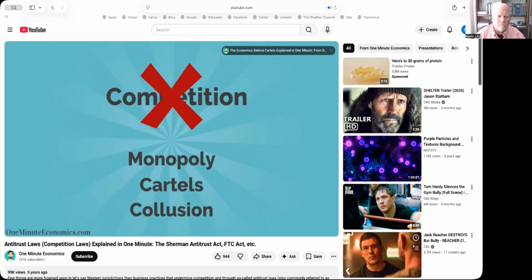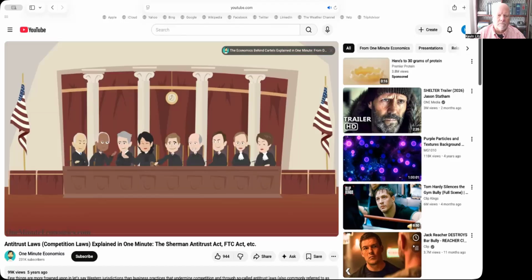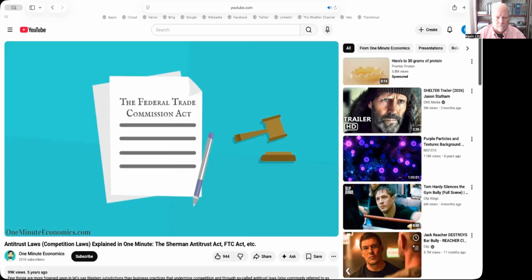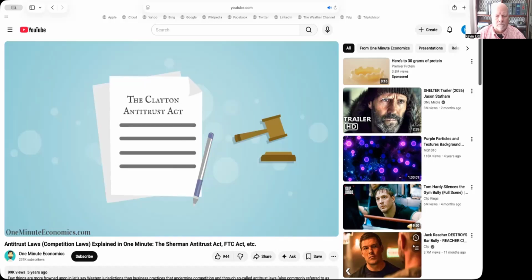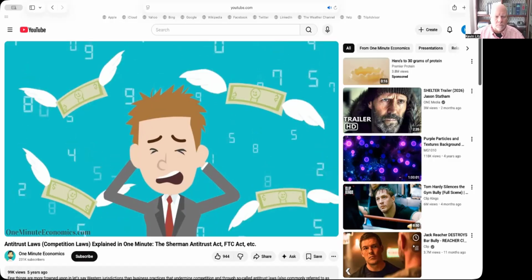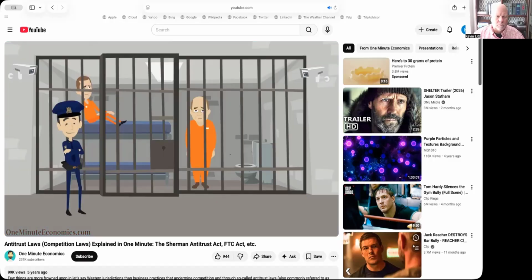As such, in the US at least, so-called antitrust laws exist to protect them, with the famous or infamous top three being: one, the Sherman Antitrust Act, two, the Federal Trade Commission Act, and three, the Clayton Antitrust Act. These laws act as deterrents, with those who break them risking anything from financially debilitating fines to even jail time.